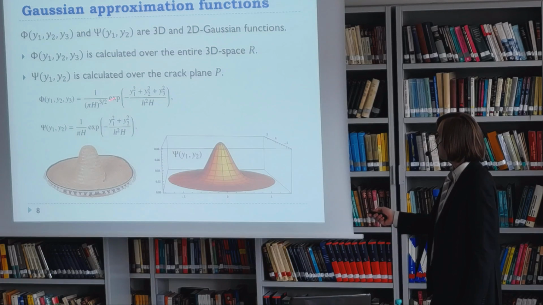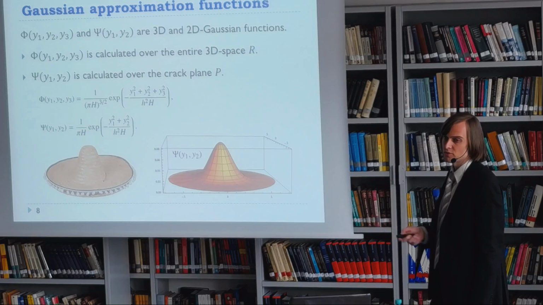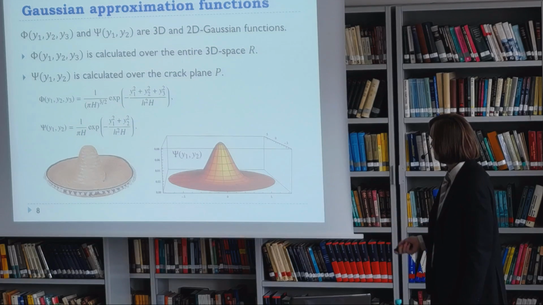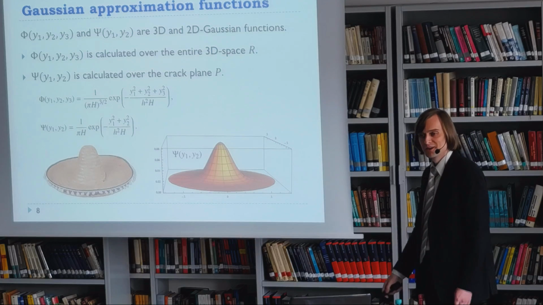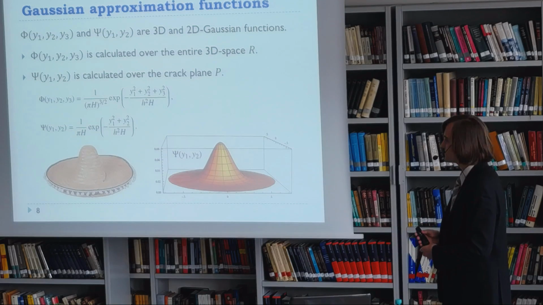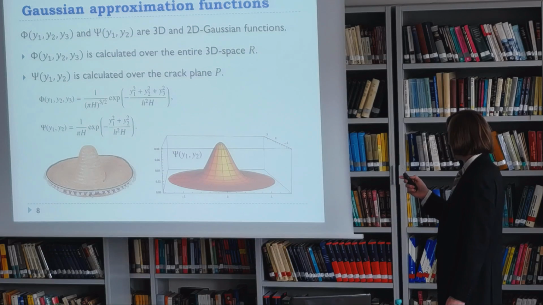So what is phi? Of course, phi is the three-dimensional Gaussian function. It has this shape, and psi is a two-dimensional Gaussian function. Actually, an example of psi appears here. Well, in the 2D case, it's better known as the Mexican hat. So yeah, these are our Gaussian functions.